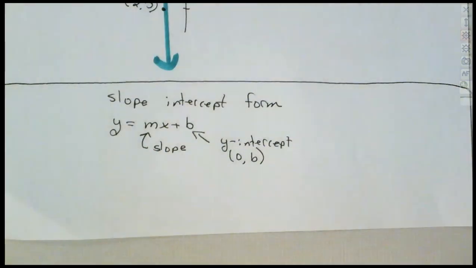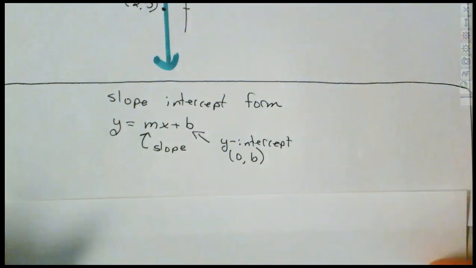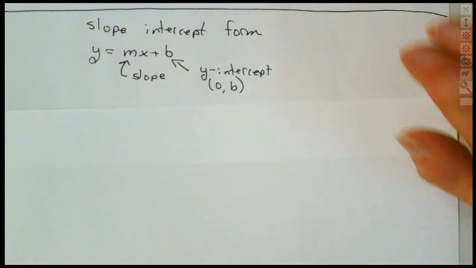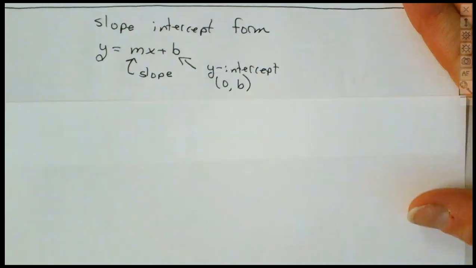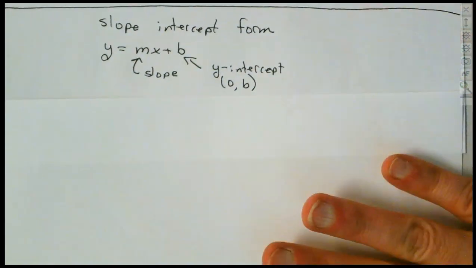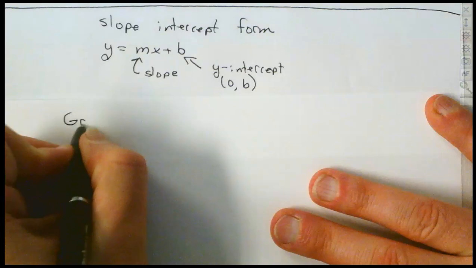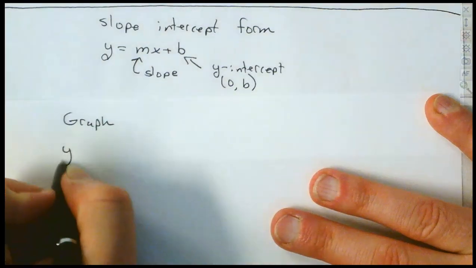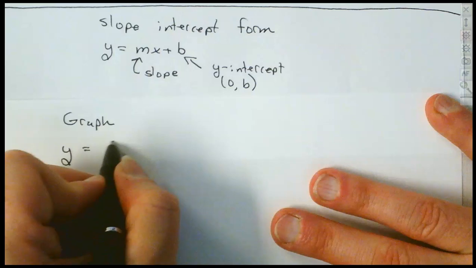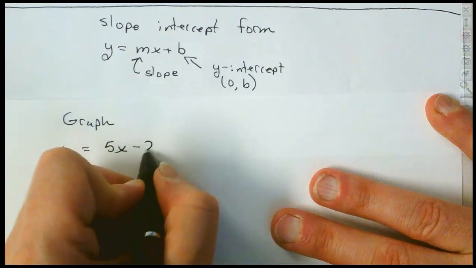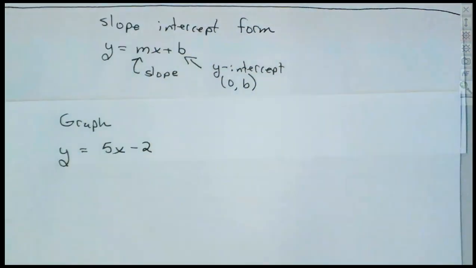So I'm going to do one that's already done for us, and then I'll do a couple where we have to solve it for y. So this one's going to already be done. And let's go ahead and graph this line, y equals 5x minus 2. So this one's already been solved for y. So there's nothing we really need to do. Now we do need to get either 2 points, or we need to get a point and a slope.